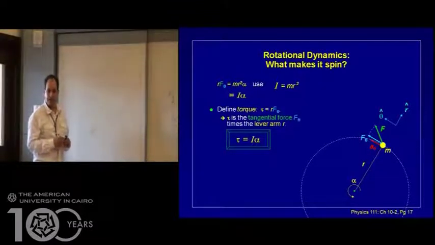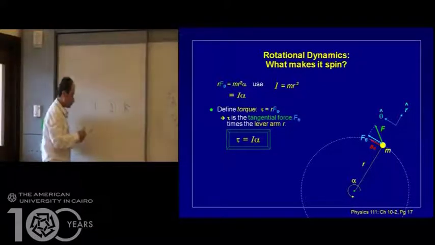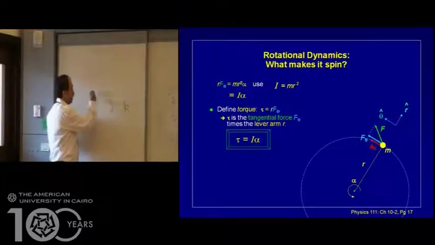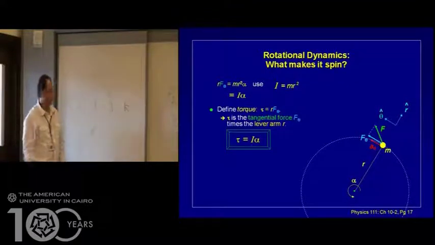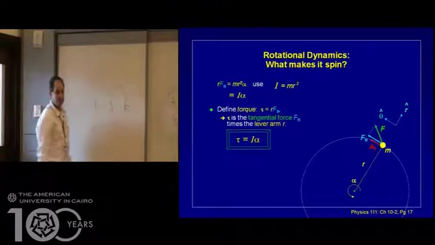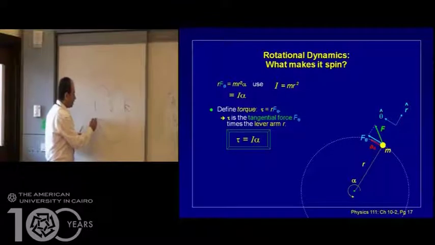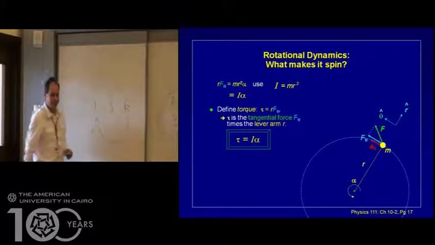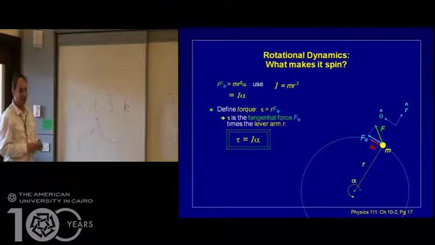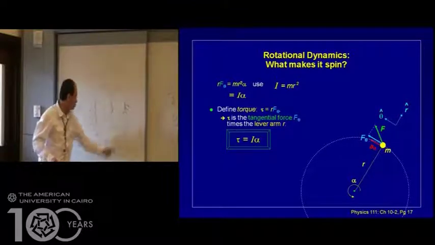The smiley face says I, J, K. I cross J, K. J cross K, I. And K cross I, J. So that's the smiley face. I cross J, you get K. J cross K, you get I. K cross I, you get J.